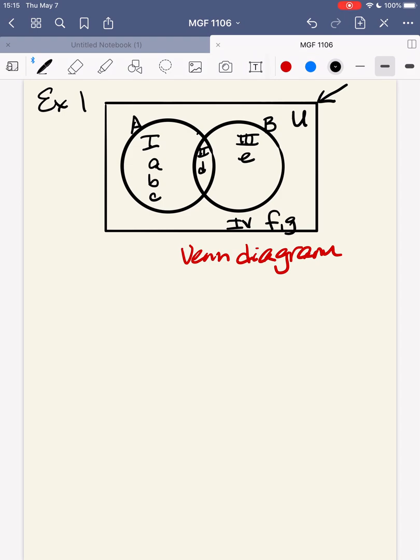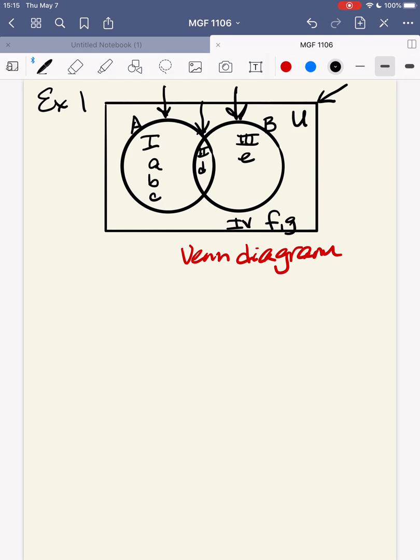In this case, we have 2. I have set A and set B. And then I also, for this particular group, have a set that overlaps. Okay, so in this case here, I have example 1, and I have already gone ahead and set it all up. So I separated it into different sections.